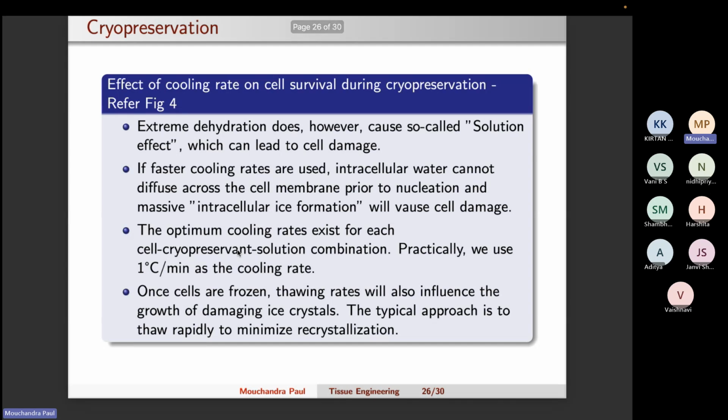The solution effect happens if the cooling rate is very slow. And if you are using a very fast cooling rate, then what will happen?